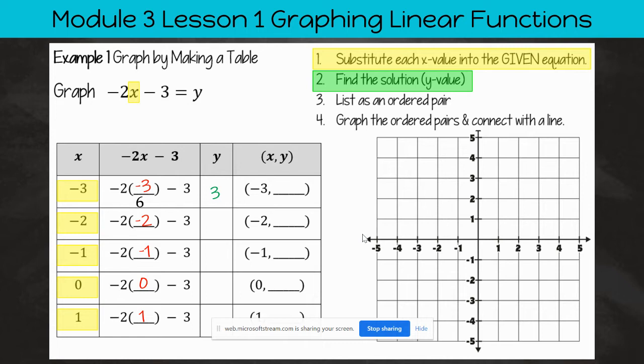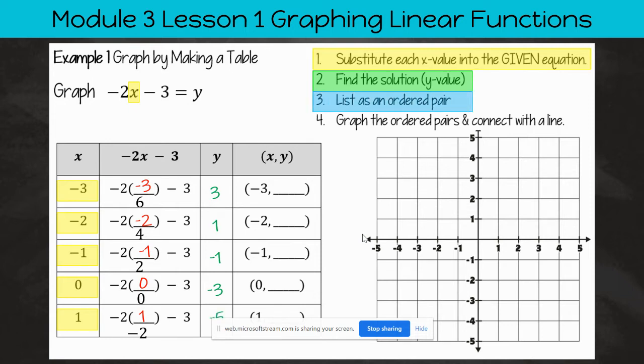Negative 2 times negative 2 is 4. 4 minus 3 is 1. Negative 2 times negative 1 is 2. Minus 3 is negative 1. Negative 2 times 0, of course, is 0. Minus 3 is negative 3. And negative 2 times 1 is negative 2. Negative 2 minus 3 is negative 5.